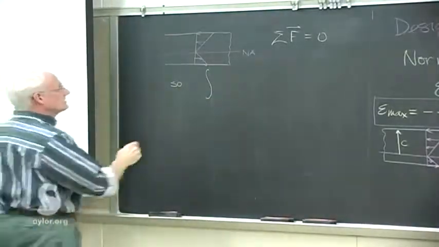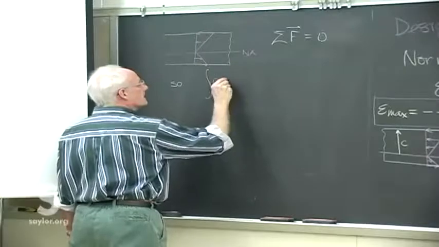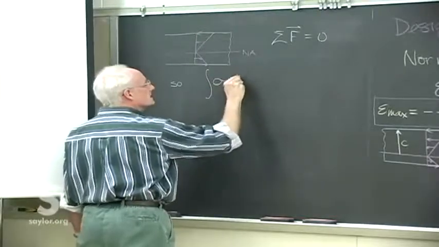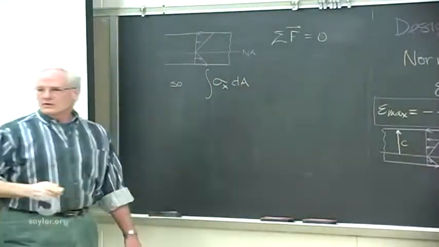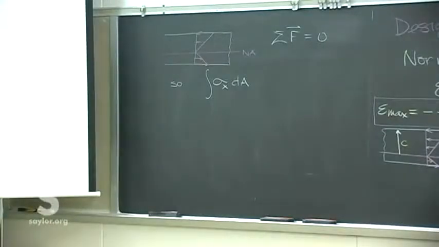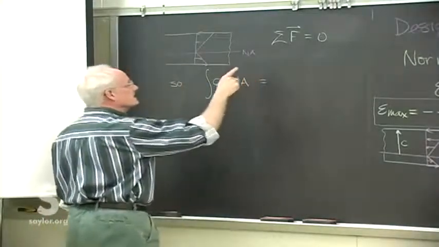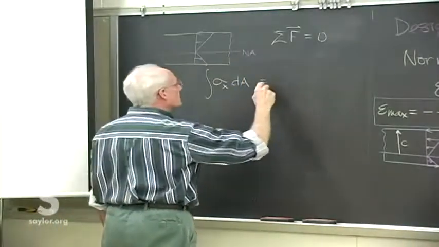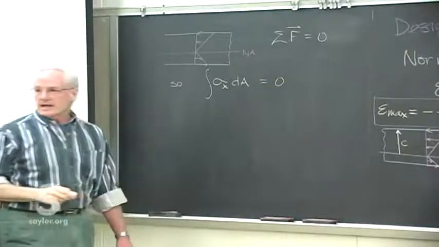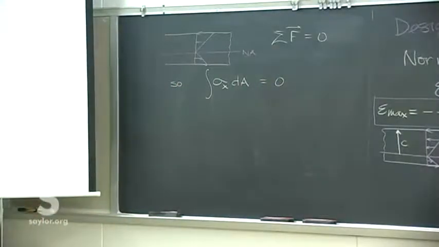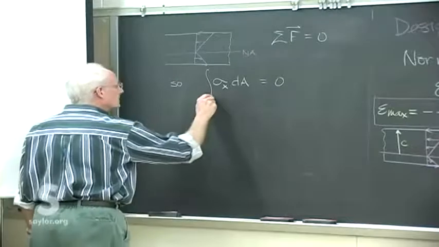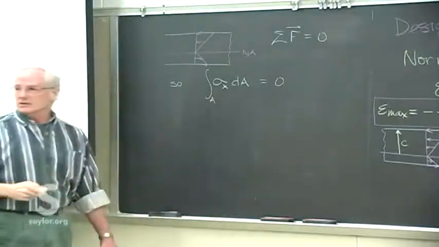So we're going to make sure that the stress over the area will be 0. That's actually the sum of the forces, because the stress is the force over the area, and that needs to be 0 as we integrate over the cross-sectional area.